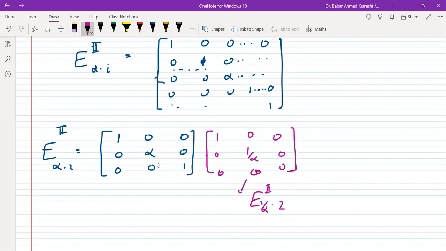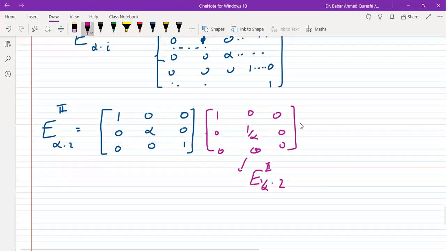So it's going to multiply the second row of this guy with 1 over alpha, and that's going to give me back 1. So the third row, third element should be 1.